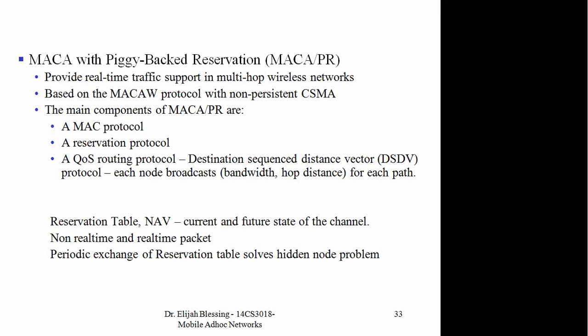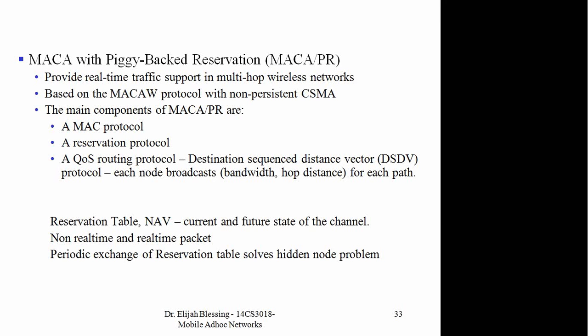That reservation table helps the node understand what reservations have happened so far for different cycles between different senders and receivers. Are you following what I'm saying? So at each node level it is maintained, and each one knows who has reserved for the next cycle and who has not.